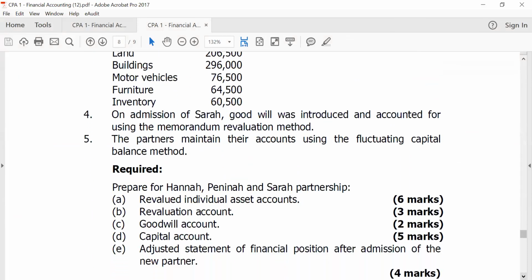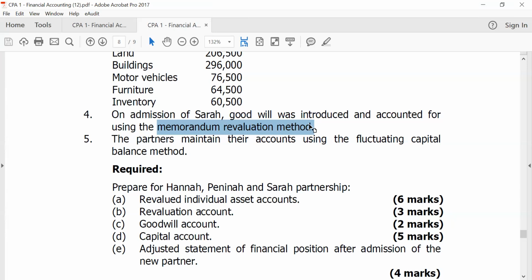But I just want to comment on something here. There is something here that the examiner brought up. It's called the memorandum revaluation method. I don't know if any of you has maybe read about this. Has any one of us read about this that would want to share with us what this means?